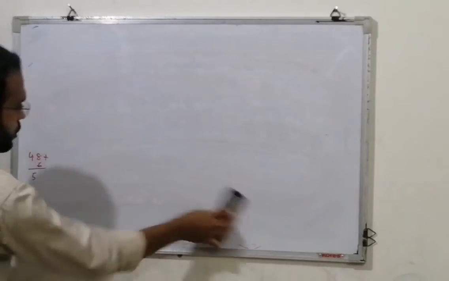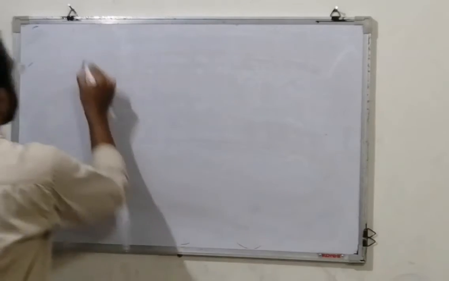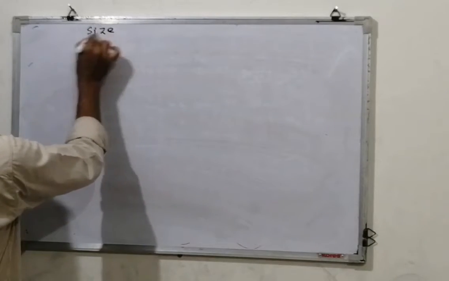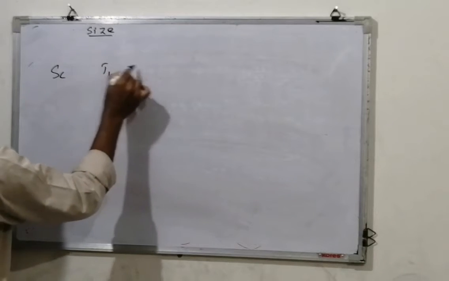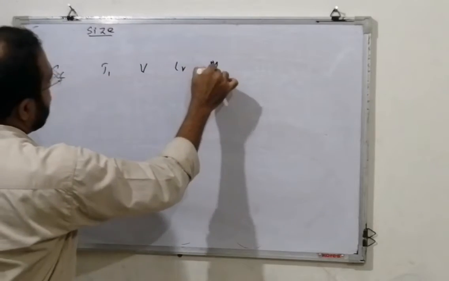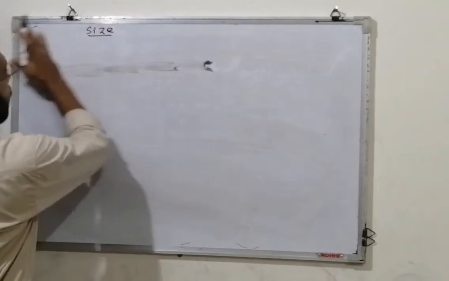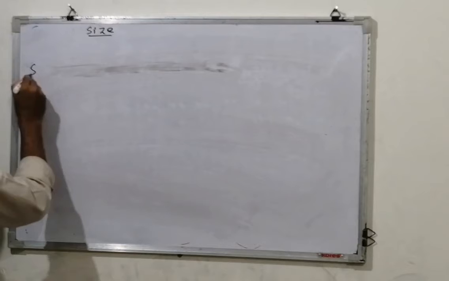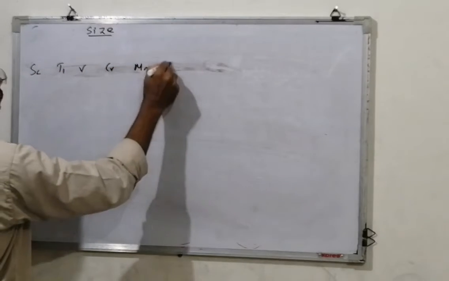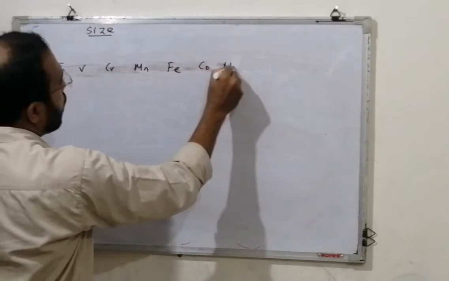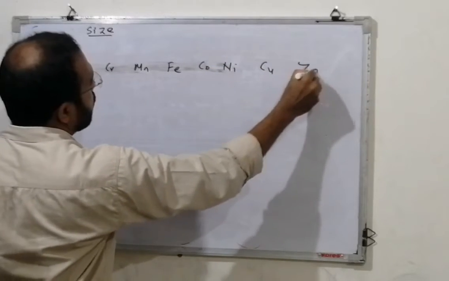Now, physical properties. First, size. We know scandium, titanium, vanadium, chromium, manganese, iron, cobalt, nickel, copper, zinc.